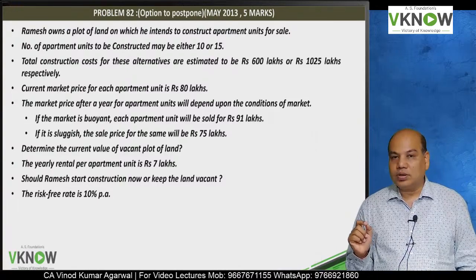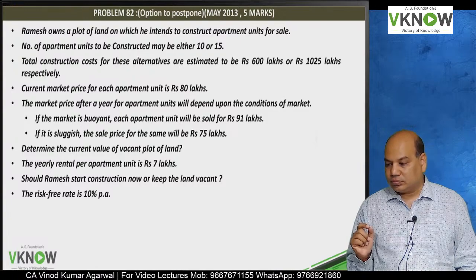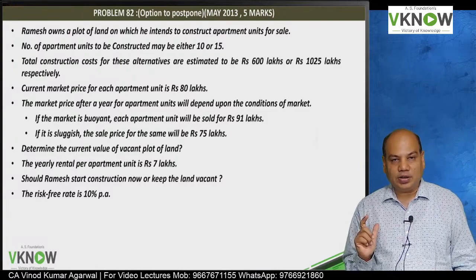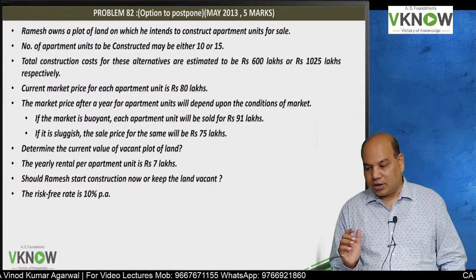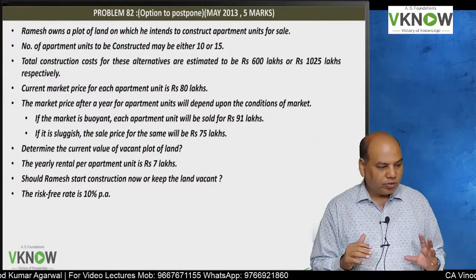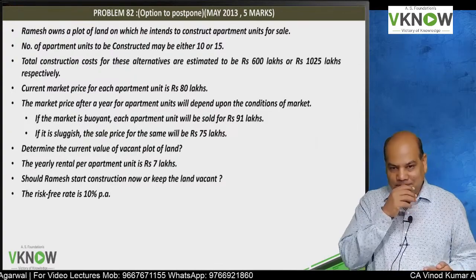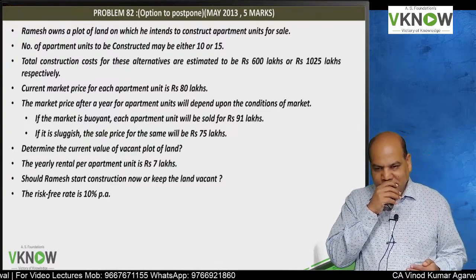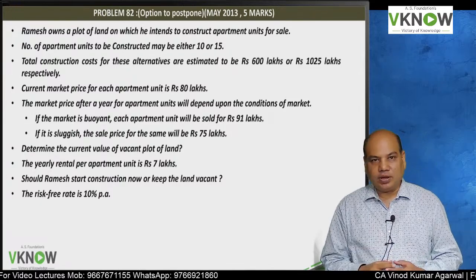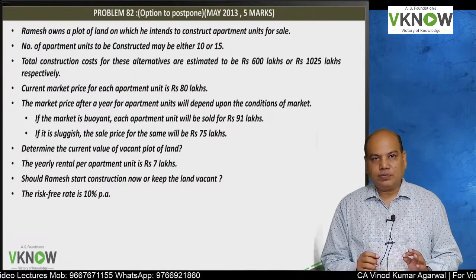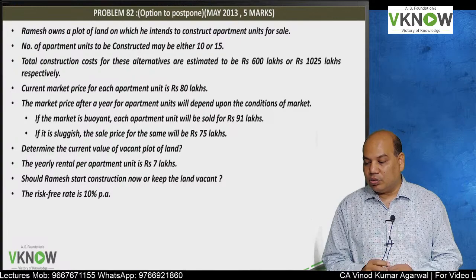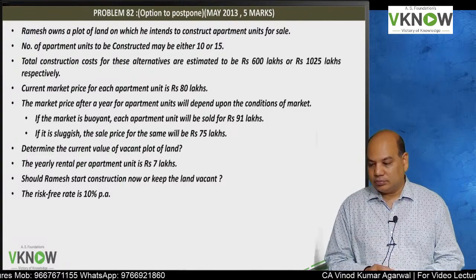But if the demand is sluggish, the price will be 75 lakh. Each apartment can be sold for 75 lakh. So the advantage of waiting is that you will get to know whether you will get 91 lakh or 75 lakh.